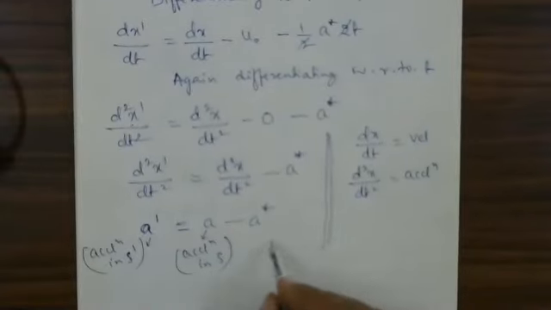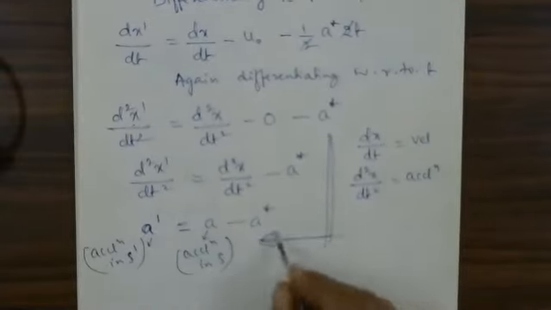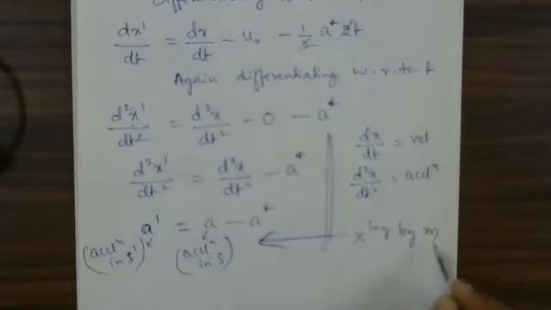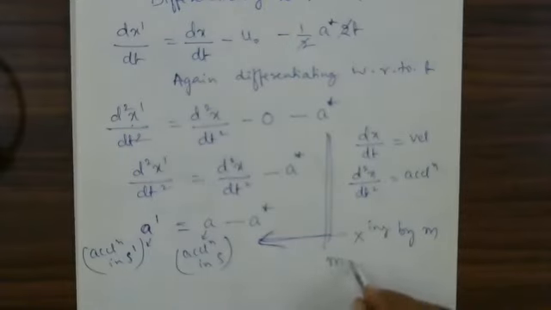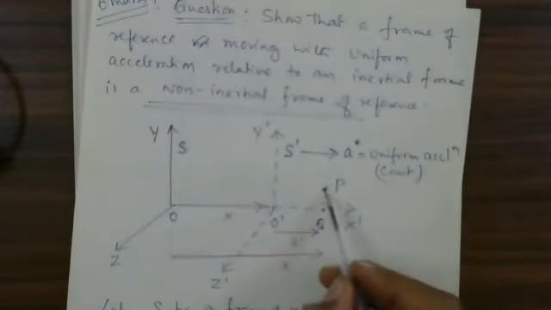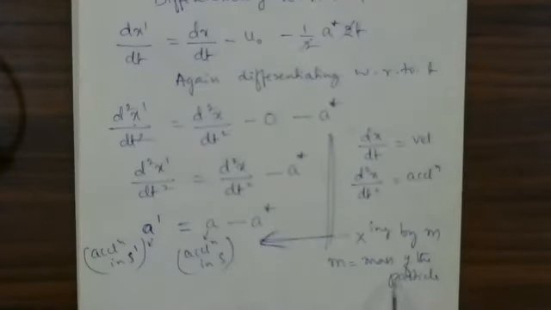Now I am going to multiply the whole equation by m, where m is the mass of the body. m is equal to the mass of the particle p. p is a particle we have chosen now. This particle p has a mass equal to m.